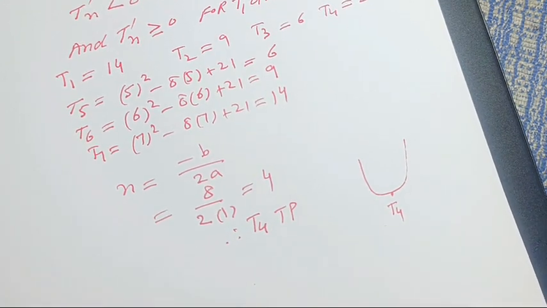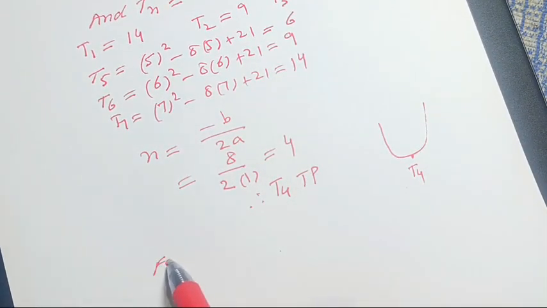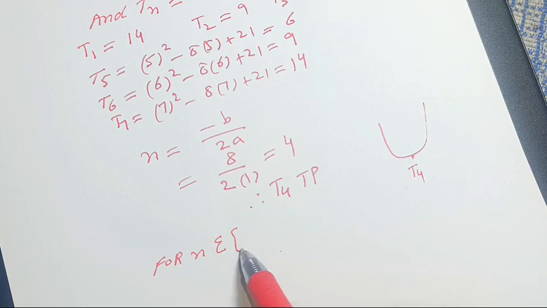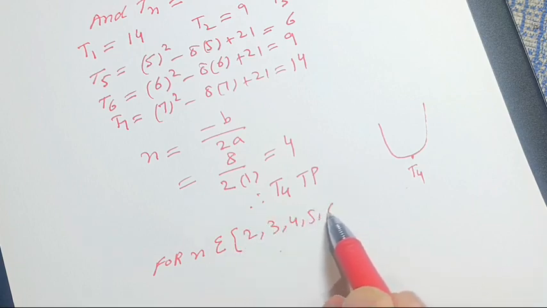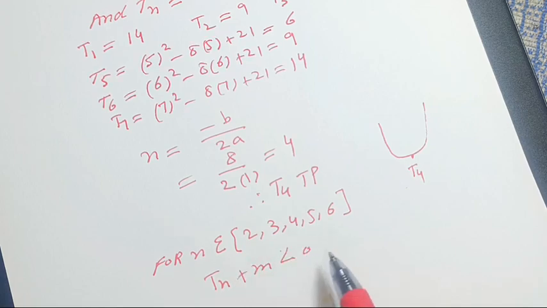Now don't forget, we're going to solve this question. For n between 2, 3, 4, 5 and 6, Tn plus m, must remember m is added, must be less than 0.